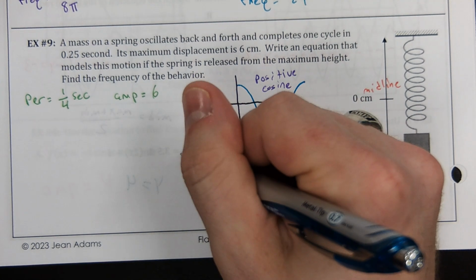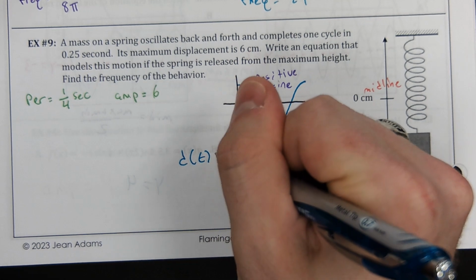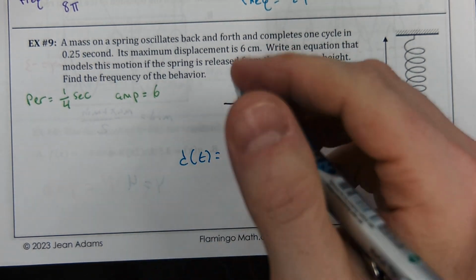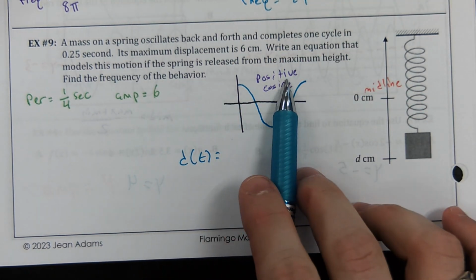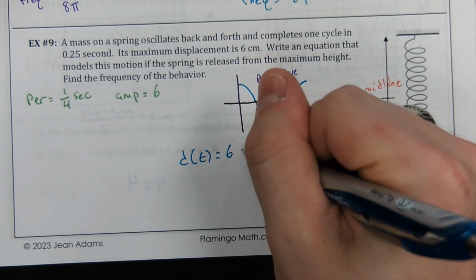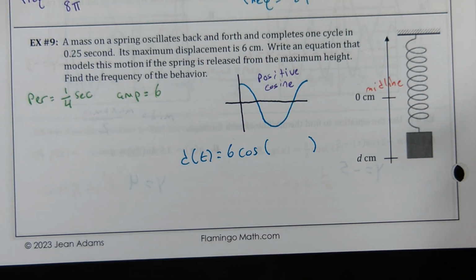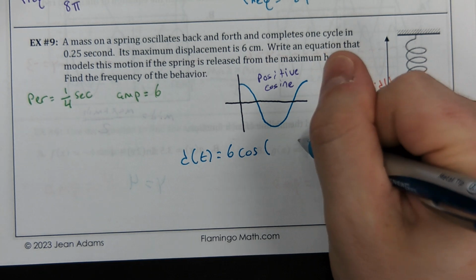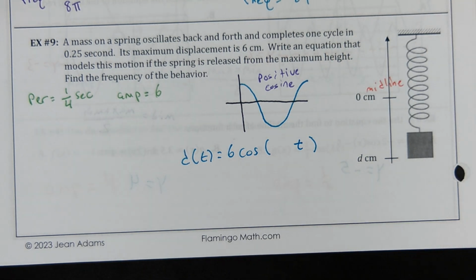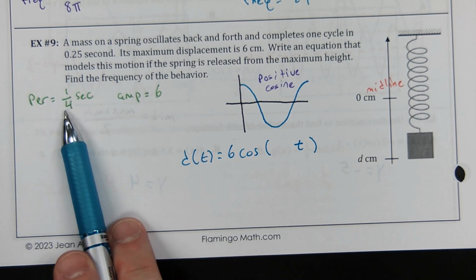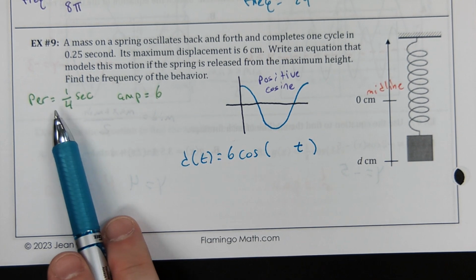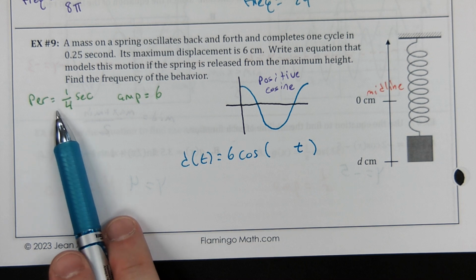Its displacement over time is the amplitude of 6, and it's going to stay positive 6 because we said positive cosine. We know that the midline is 0, so there won't be anything added or subtracted at the end. And there's going to be some number in front of t. All we have to do is figure out what that number is, and we can use this to figure that out. Because the period length is 2 pi over b.